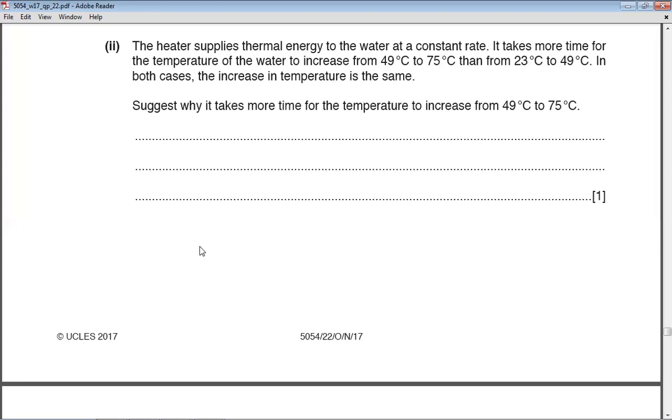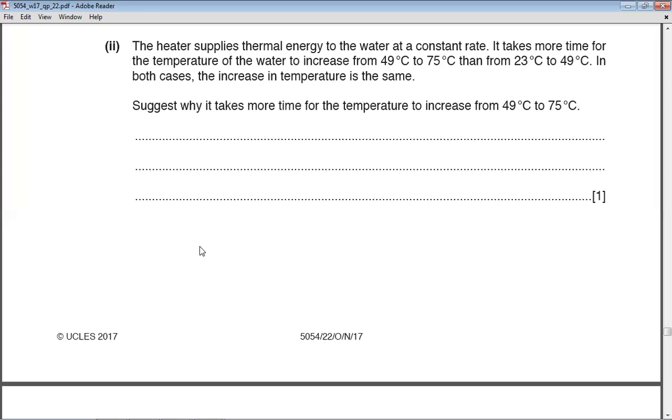There will be a greater rate of loss of thermal energy to the surrounding. More the difference of temperature between the surrounding and the water, the larger will be the rate of evaporation, and that's a loss of heat because water going into the air by the evaporation, taking away the heat.